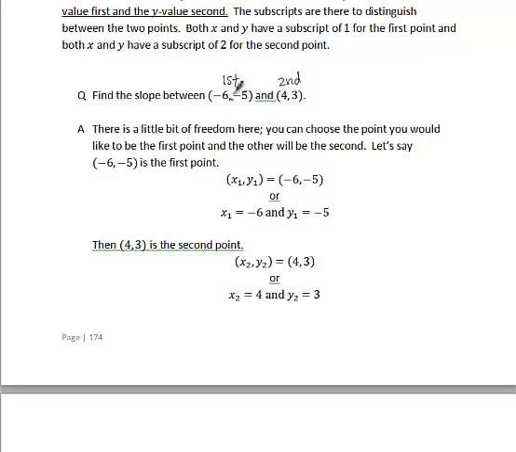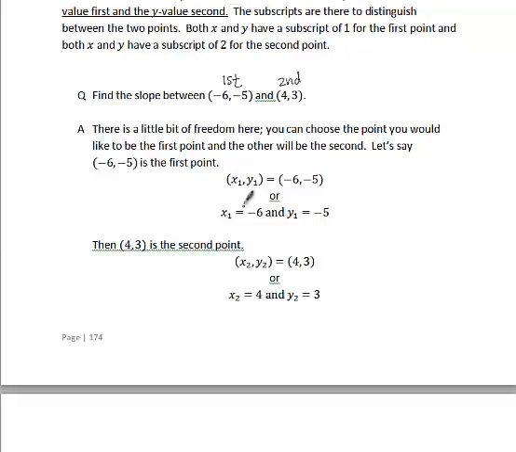So with this point having an x coordinate of -6 and this one having an x coordinate of 4, this point would fall on the left, so naturally maybe you'd want to call it the first point, but it really doesn't matter.